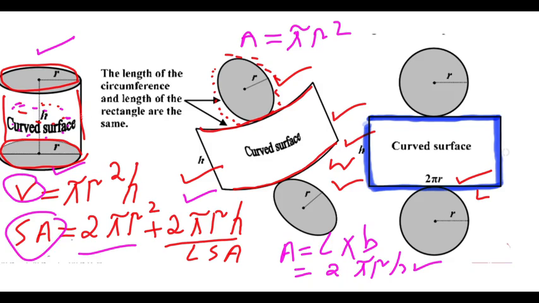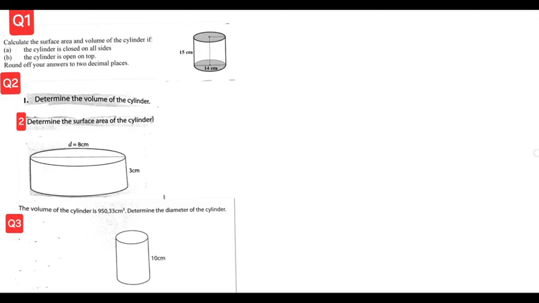For the volume, h is the height of the cylinder, and we only take the area of the base, which is pi r square, and multiply with the height. These are the three questions about the cylinder I'm going to solve, implementing what I showed you earlier. So let's start question number 1.